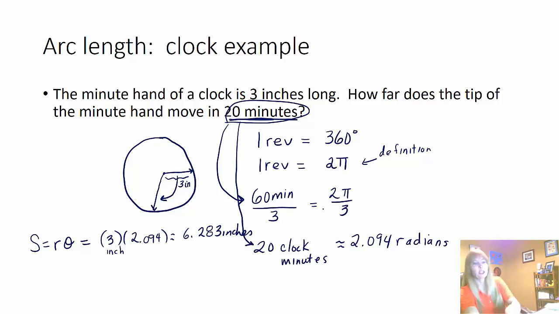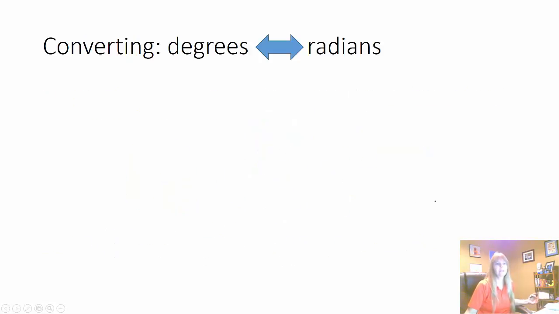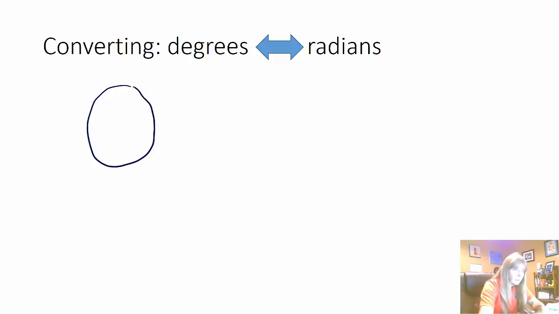Okay, so as I mentioned, I kind of just threw that definition in there that 360 degrees is the same as 2 pi. Well, let's see why that is. If I'm looking at converting degrees to radians, so if I have a circle, maybe I'll get better at drawing circles here, and I'm going to put my ray right there.